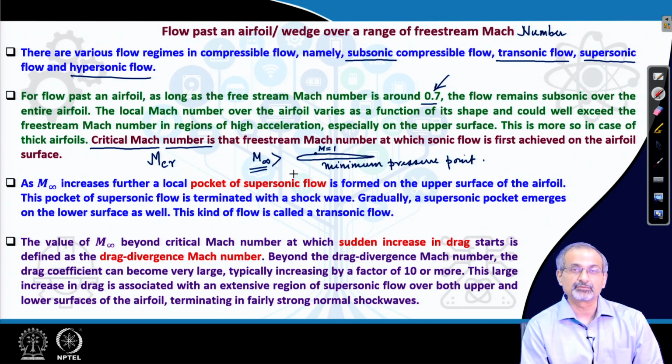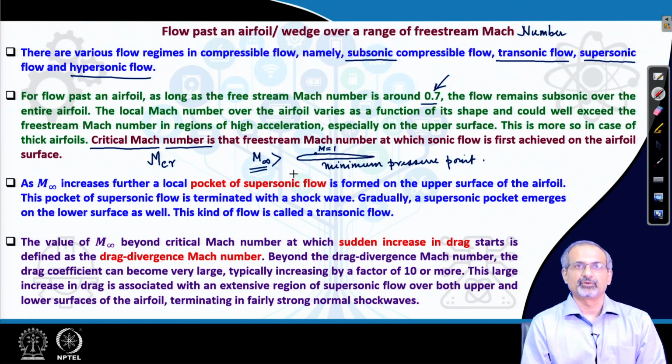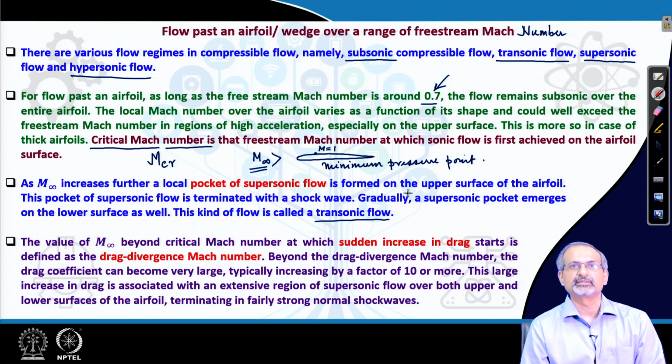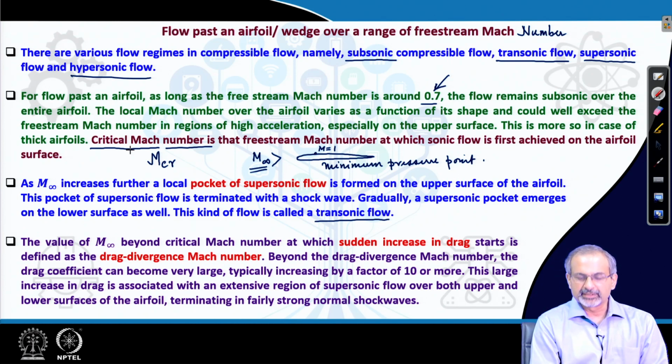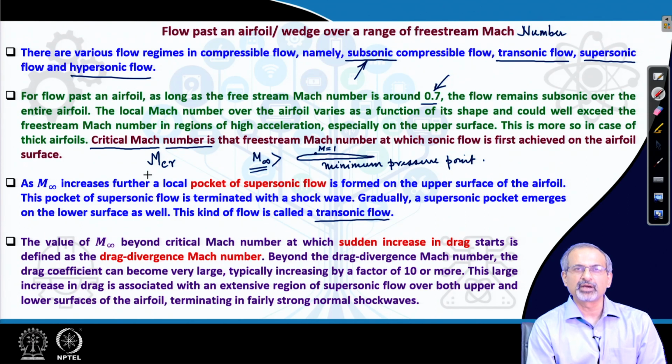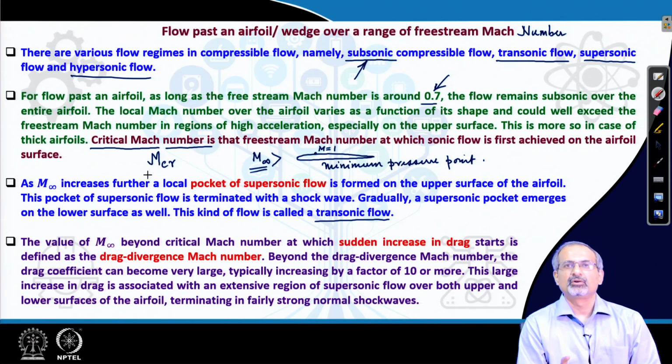There would be pockets of supersonic flow formed on the airfoil, and then you are gradually getting into the transonic flow range. So, before the critical Mach number you have a subsonic flow all over. That was this regime, and then you went into the critical Mach number and you have just a single point on the airfoil where Mach number has reached 1.